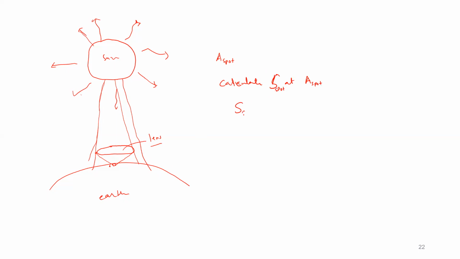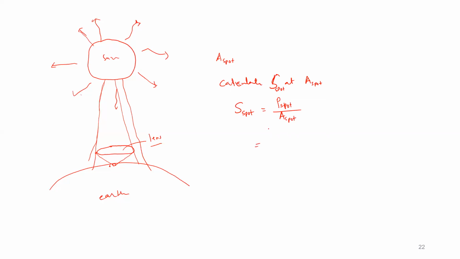So this formula again: intensity at the spot would be the total power at the spot divided by the area of that spot.